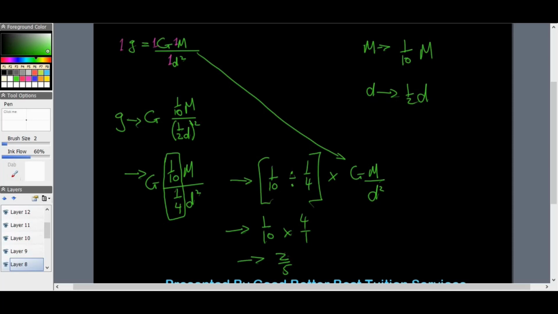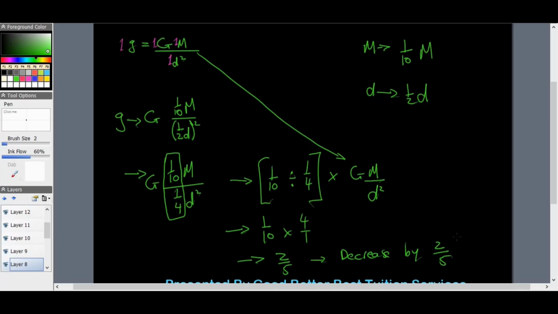If I got a whole number, if I got 2 or if I got 5, then we know the gravitational acceleration will increase. But if I get a fraction like this, then I know my final answer is that the gravitational acceleration of Deimos will decrease by, sorry, not 2.5, 2 over 5. I'm mixing my words here.